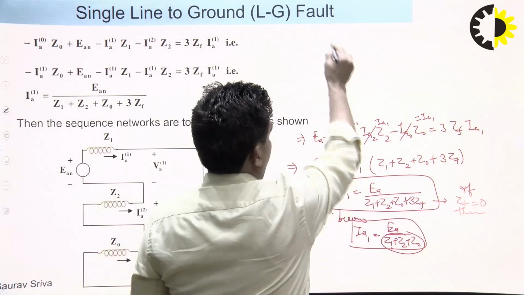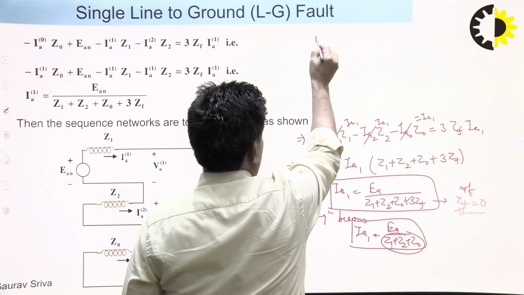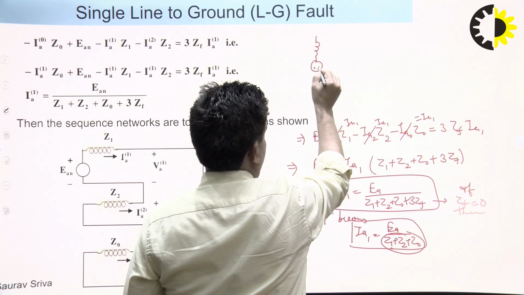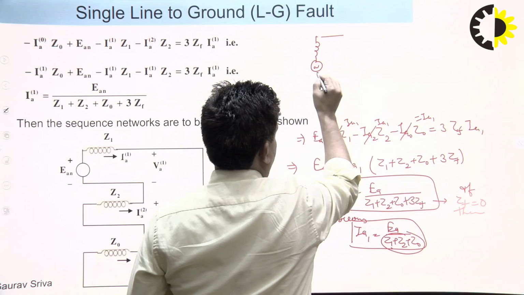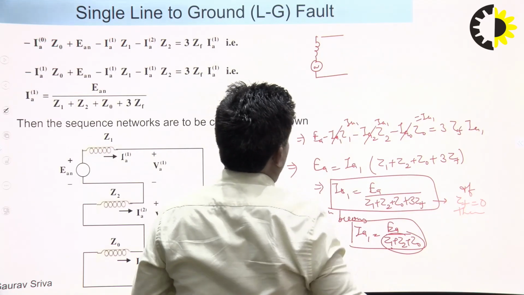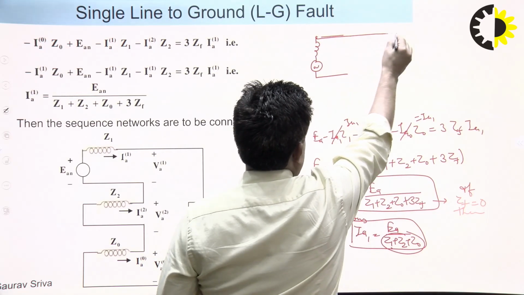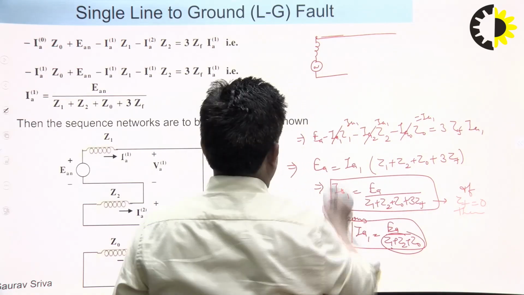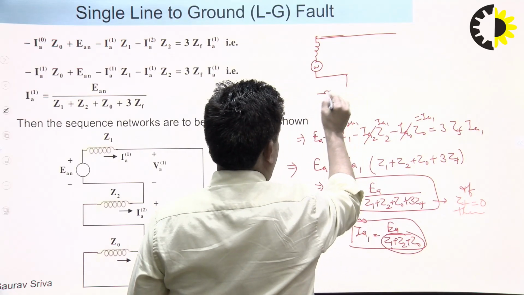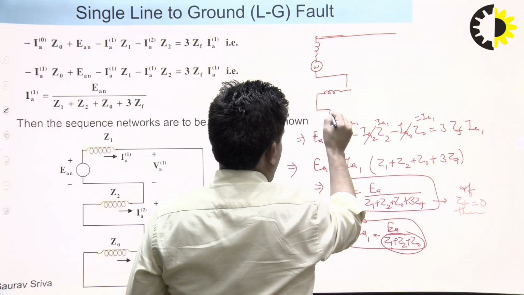Right now we are using the sequence network for the positive, and again it is connected to the negative.